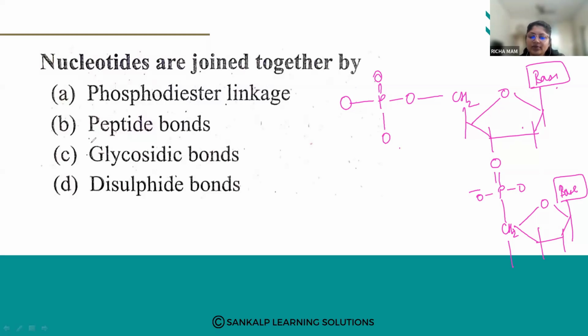They are joined together by a phosphodiester linkage, right? Option A. You can see between the 5' and 3' carbon of the pentose sugar, the nucleotides are joined. What type of linkage is present? Phosphodiester linkage. So option A.